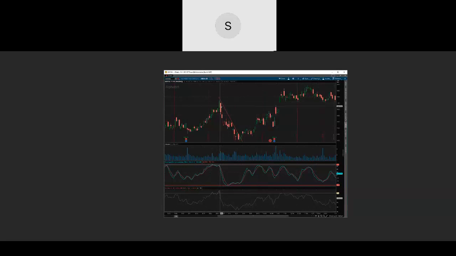The next day, this big hammer happened. That's a reversing trend. So it is time to sell here, at least a covered call if you are going to hold on to Google in the long run. That is giving you an indication that there is going to be a downward trend.